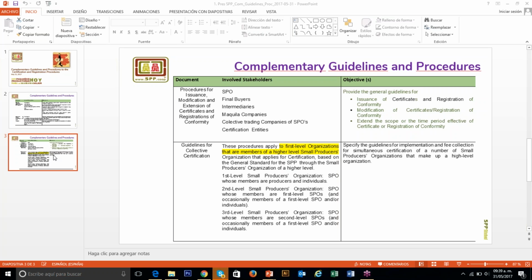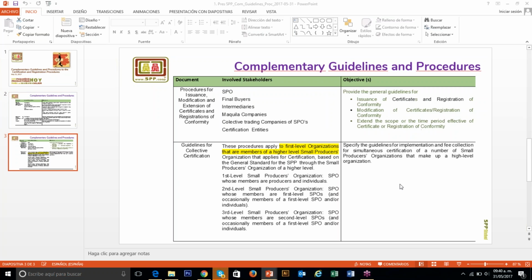Because according to the definitions, in a first level organization the members are individuals. In the case of second level organizations, their members are first level organizations.